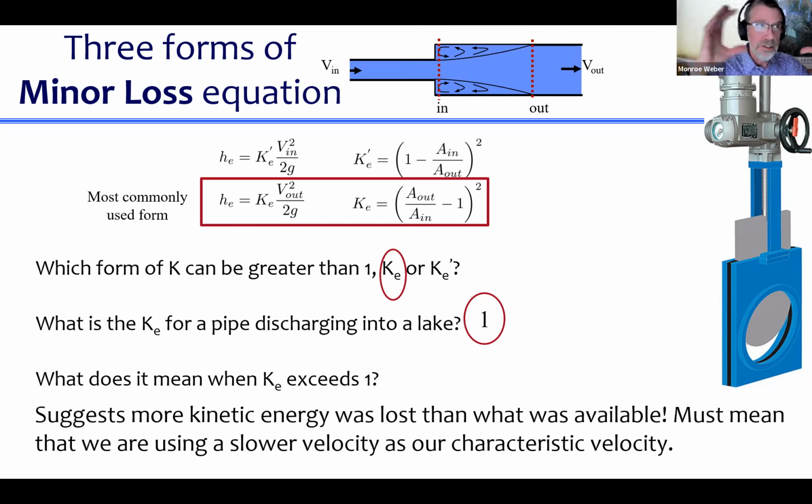It just means that you're pretending that the flow is going through something like this, and you're using your velocity from that, when actually the water is going through some tiny hole. Anybody want to ask a question there about this idea that K can be much, much bigger than 1? Because we're not actually using the velocity that's happening to scale the minor losses?